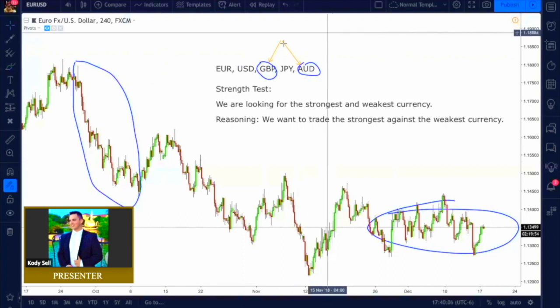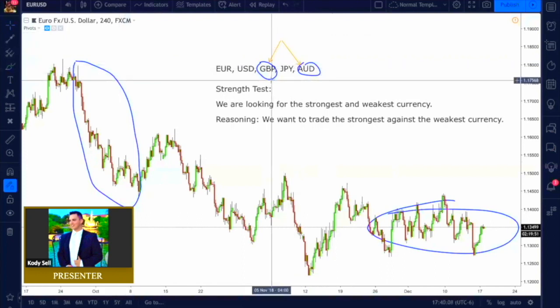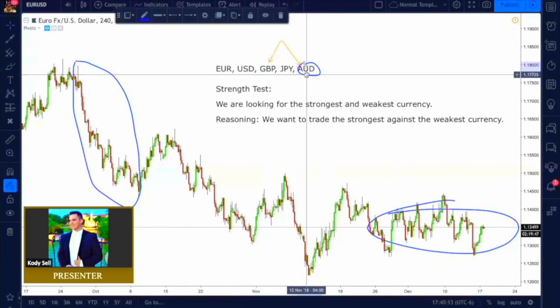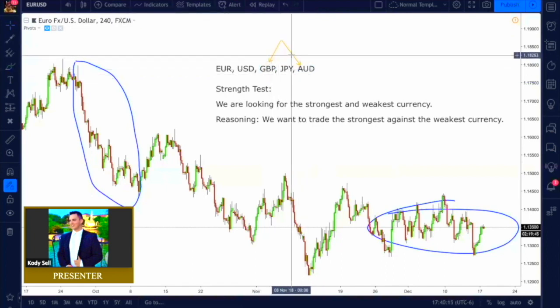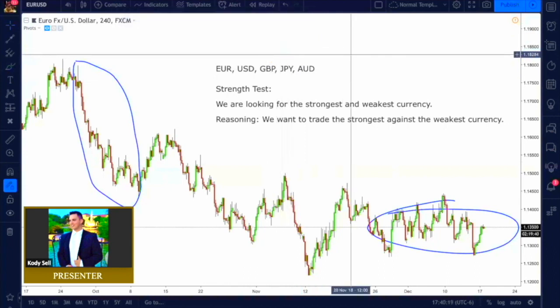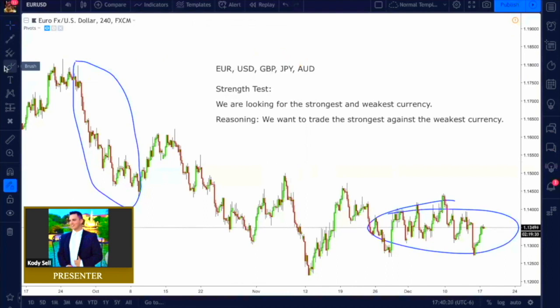Similarly, it doesn't just have to be if they're both in the middle. If you pull up two pairs that are both very weak or both very strong, they're also going to cancel each other out, leading to consolidation. So what you want is two pairs on opposite sides of the spectrum, one very strong pitted against something very weak. That's what we're going to be looking for.